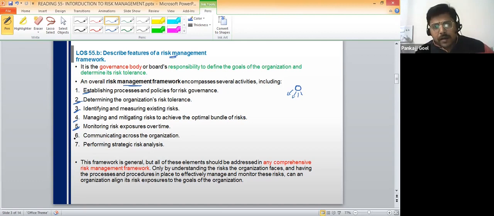Then communicating across the organization. Whatever risks are there, accordingly the top management will communicate to every department, okay, you can take this much risk in your operations.